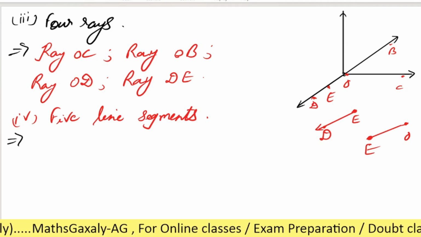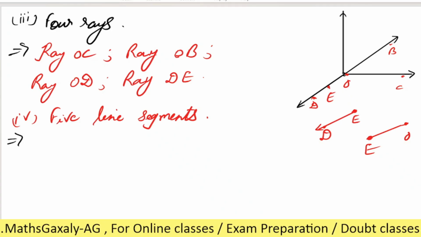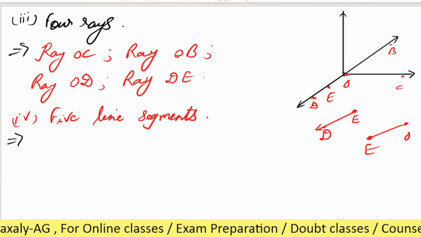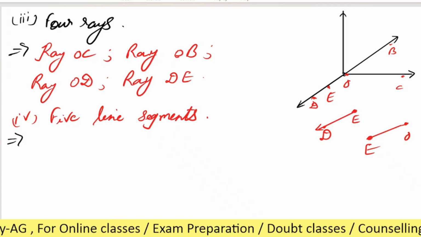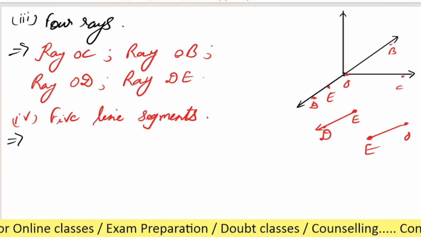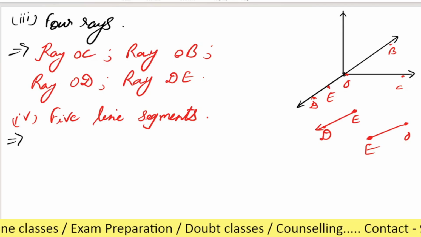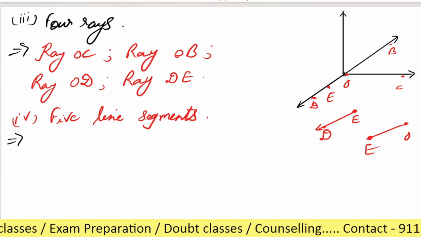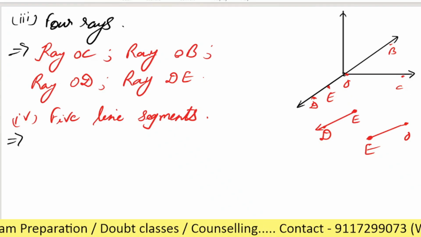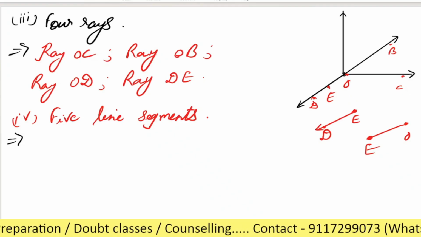So it cannot be stretched to infinity. Tell me what will be the five line segments. The five line segments will be line segment OB. Okay. So the next one.